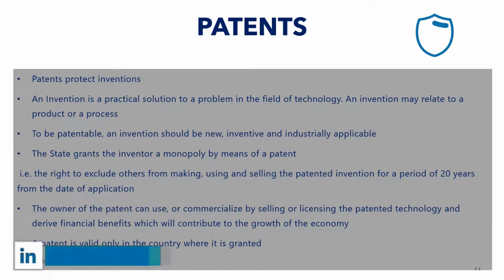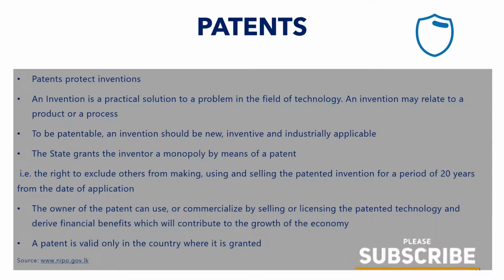After 20 years, anyone else is allowed to copy it, because they believe that within those 20 years, you have recovered the investment that you put into it. But apart from that, you would have also benefited or profited from it, right? So this is really a creation of a monopoly, and it has its advantages and it also has its disadvantages.